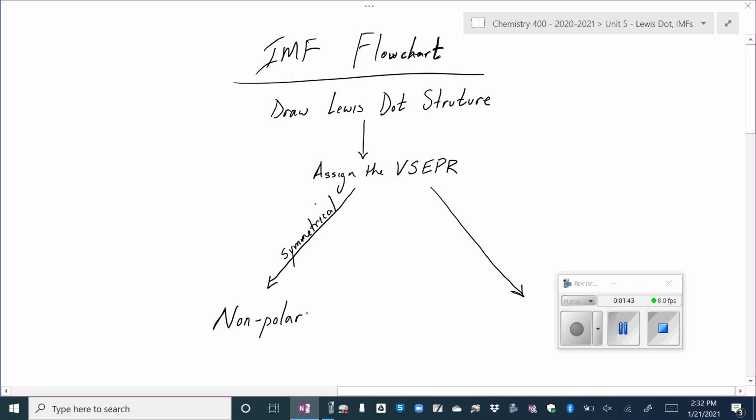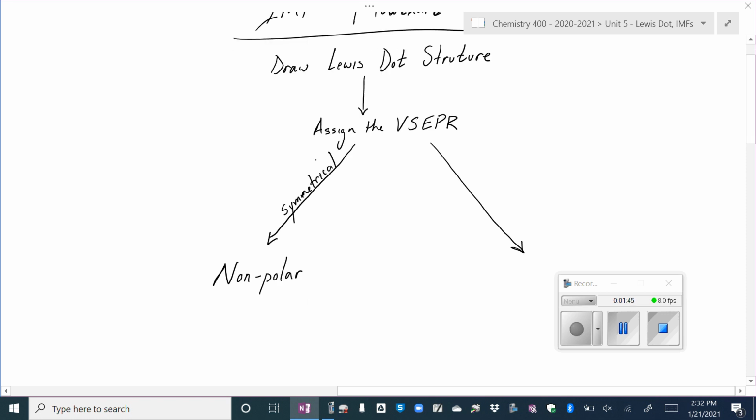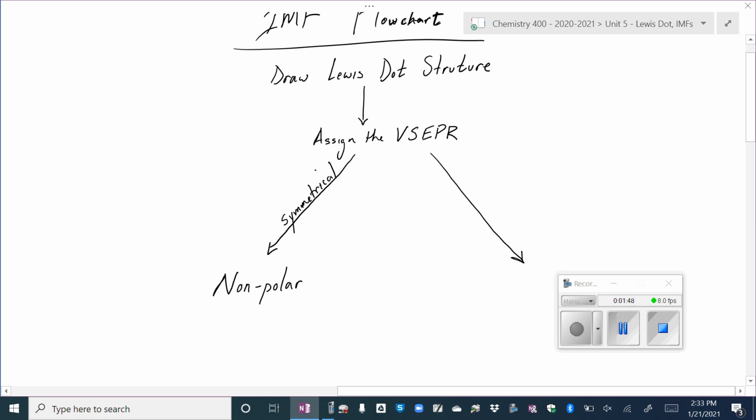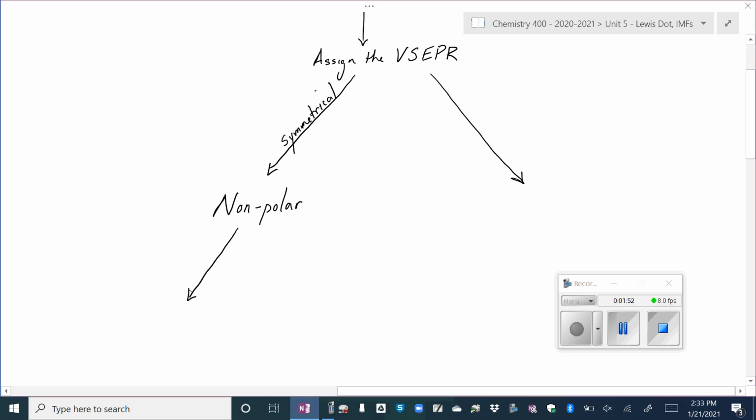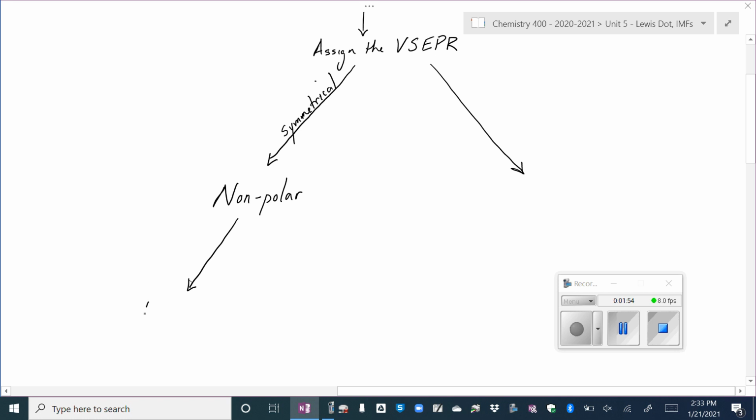You have to consider the 3D shape. If it is symmetrical and nonpolar, then the only intermolecular force present is London dispersion forces. So LDFs only, if you are symmetrical, because you are nonpolar.